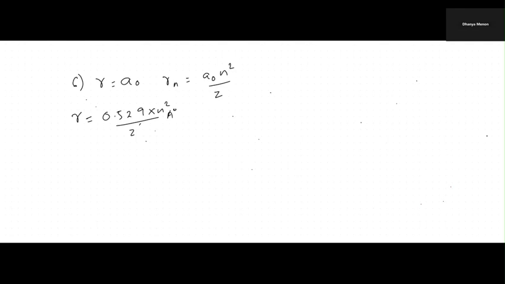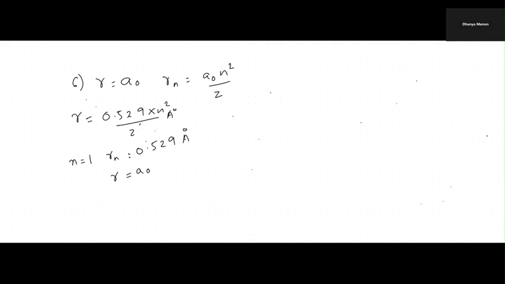So here, because they have given the value of the radius as a0, for n equal to 1, the first orbit, Rn is equal to 0.529 Angstrom.